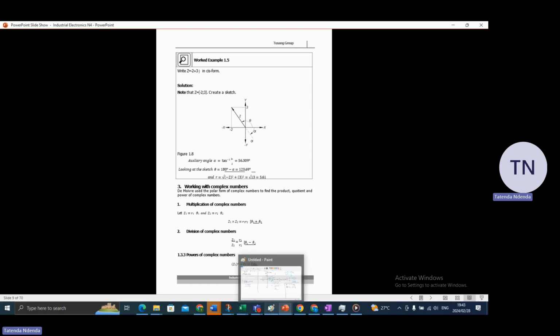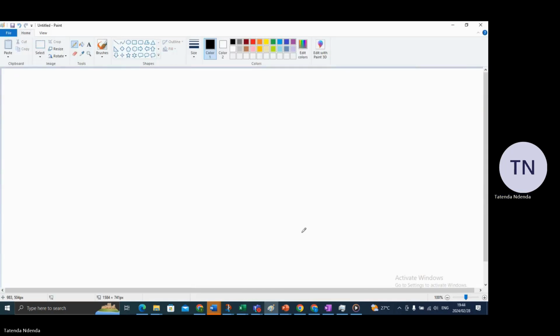Let me just try to write this down. We have Z1 equal to R1 theta 1 and Z2 equal to R2 theta 2.